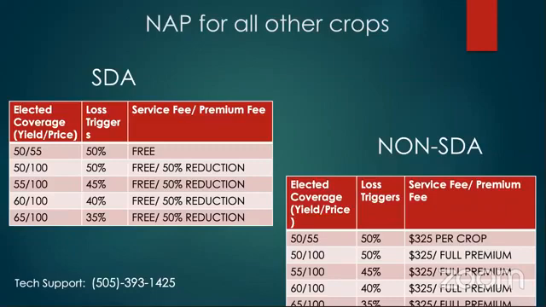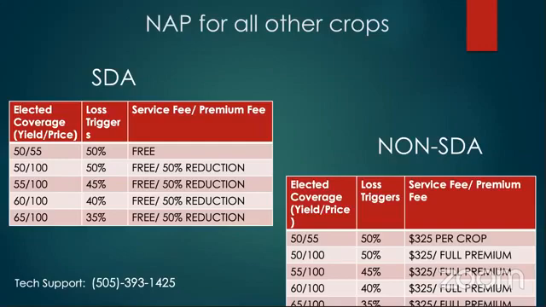What helps with that is your loss trigger will significantly go down. If you buy up the NAP coverage all the way to 35%, the farmer is only responsible for the first 35% of the loss, and then FSA will come in.